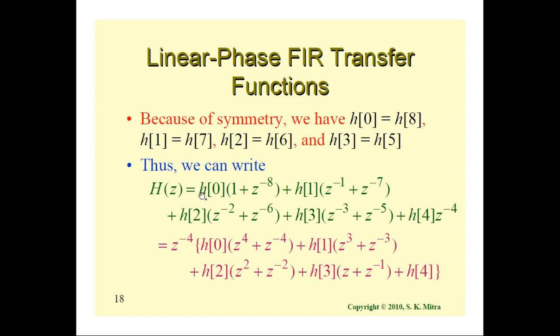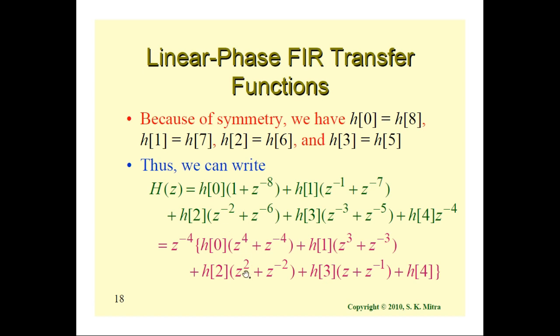If we select z power minus 4 as a common factor from the first term, we will have z power 4 plus z power minus 4 inside round brackets. Similarly, if I take z power minus 4 common, I will have z power 3 plus z power minus 3 as the factor in the second term.